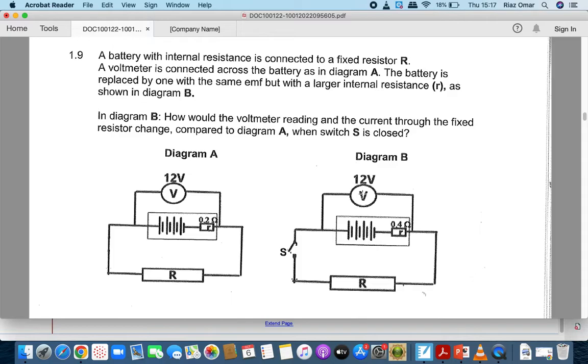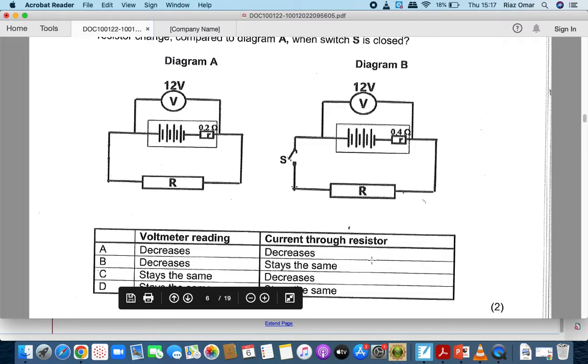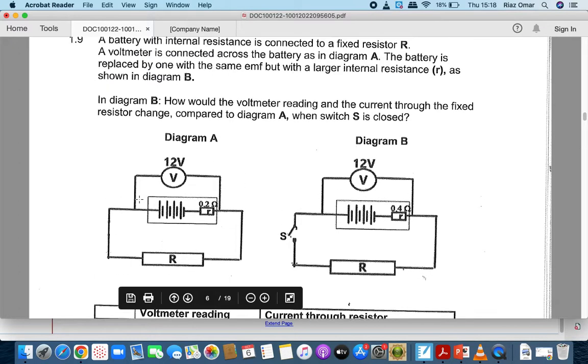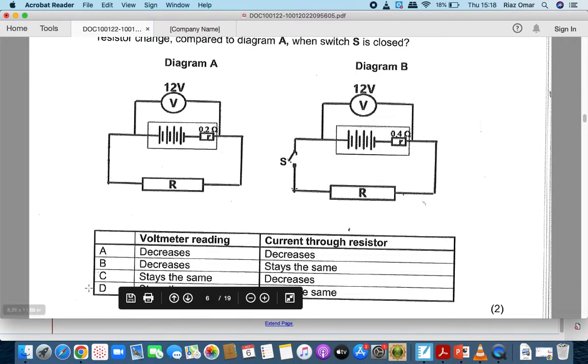And the current through the fixed resistor will also decrease because the total resistance in the circuit has increased. So both will decrease. The voltmeter reading will decrease and the current through the resistor will also decrease. So the answer for 1.9 is A.